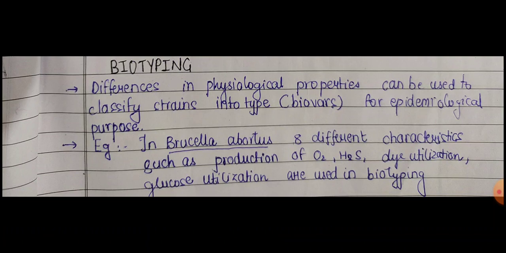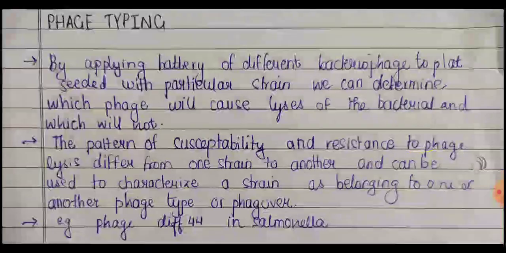The example is Brucella abortus, where different physiological properties are observed, such as O2 production, H2S production, dye utilization, and glucose utilization, and these criteria are used in biotyping.